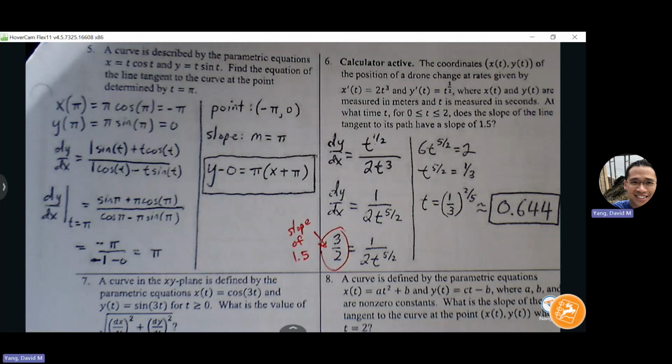On the AP exam or on your test, do I have to round it? No, you'll leave it like this. You'll get to use your calculator, so either way is fine. I took that slope of 1.5 and made it 3/2 to make it easier to do by hand, then I just cross multiplied and solved for t.